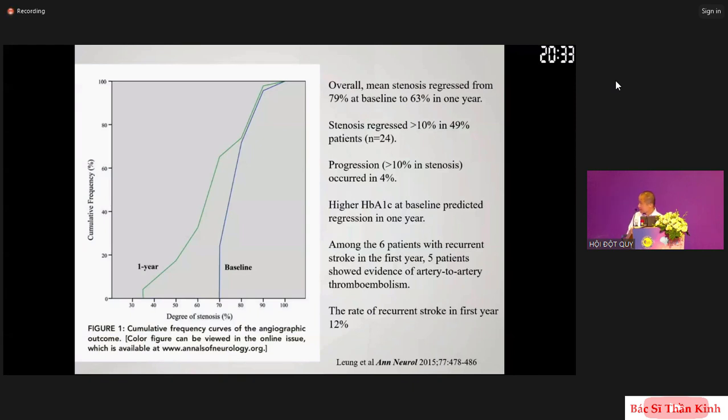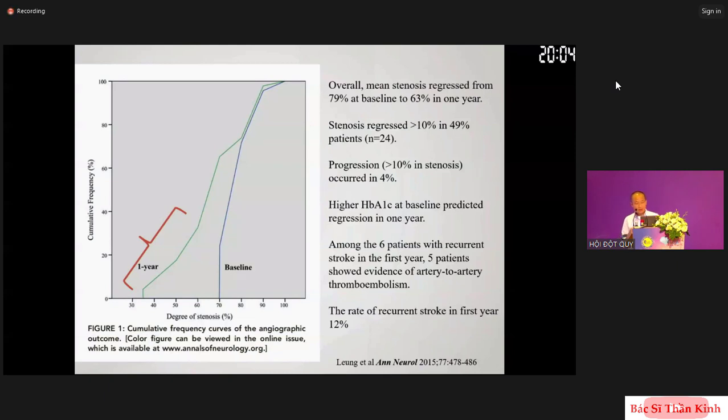But 1 year later, actually, the green line shows that nearly half of the patients have significant regression in their stenosis, more than 10%. And overall, the mean stenosis regressed from almost 80% at baseline to 63% in 1 year. And actually, less than 4% of patients have progression more than 10%, even with medical therapy alone.